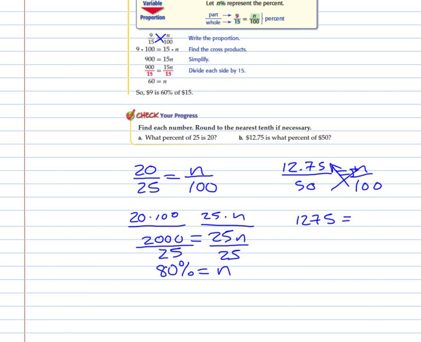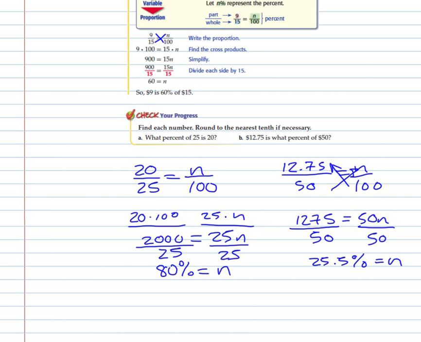To solve, I'm going to divide both sides of the equation by 50. And my result is 25.5, which would be percent, equals n. So $12.75 is 25.5% of 50.